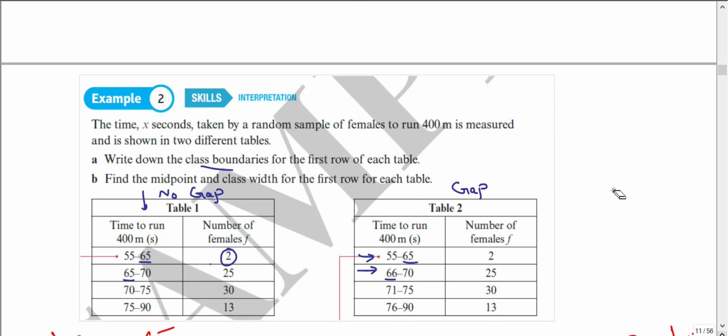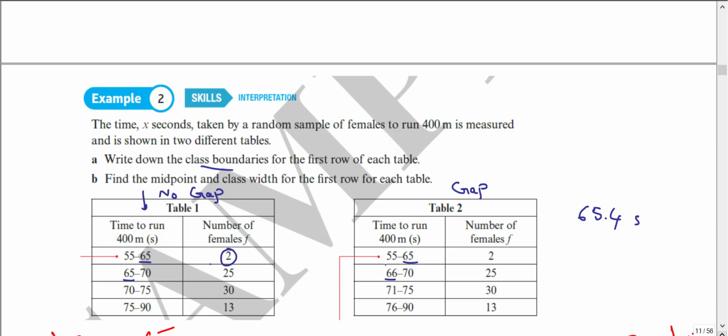Wait, 65.4 or 65.5? Because we'll round it up then. No, without rounding. I'm not saying round. If I'm saying someone with 65.4 seconds, she will belong to the 65 group. Why? 65.4 is closer to 65 than 66.